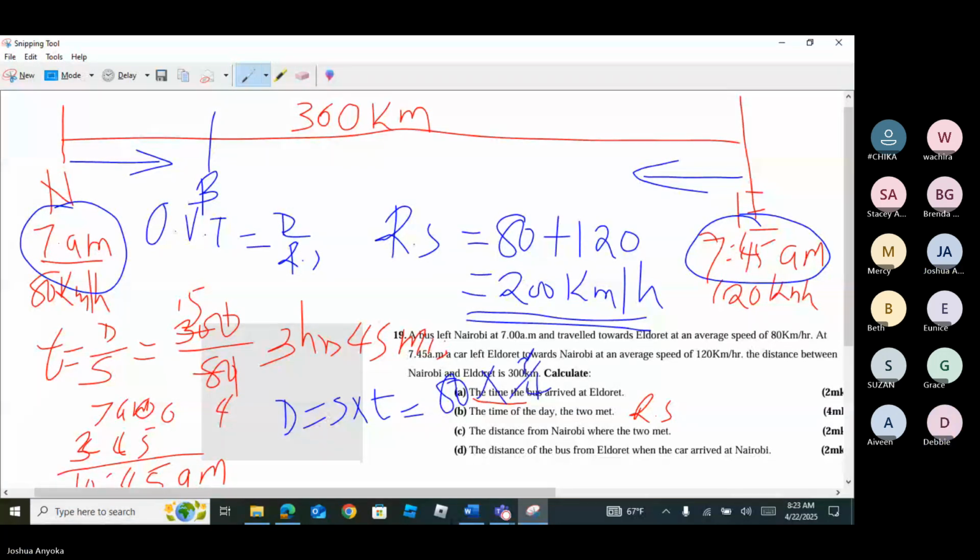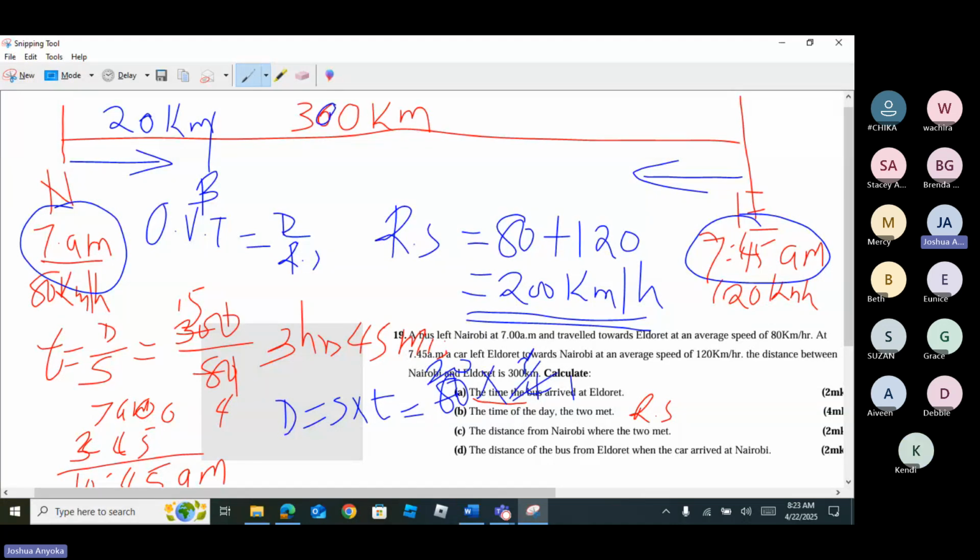That is 20. So the bus has covered 20 kilometers before the car started moving. So which distance now is remaining? 300 minus 20 is 280 kilometers. That's the distance between the two.